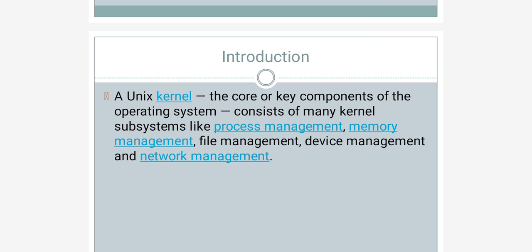These types of movements we generally call the swapping process, which is discussed here in memory management.